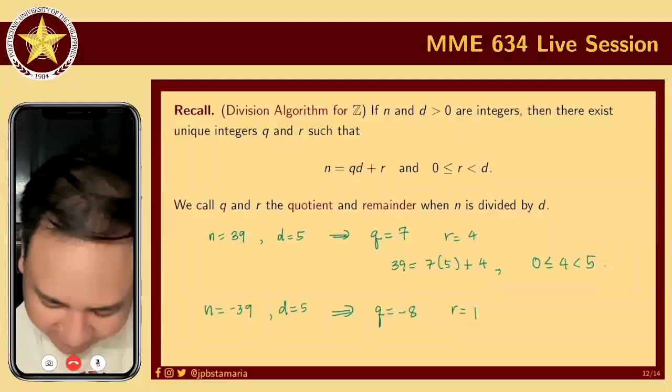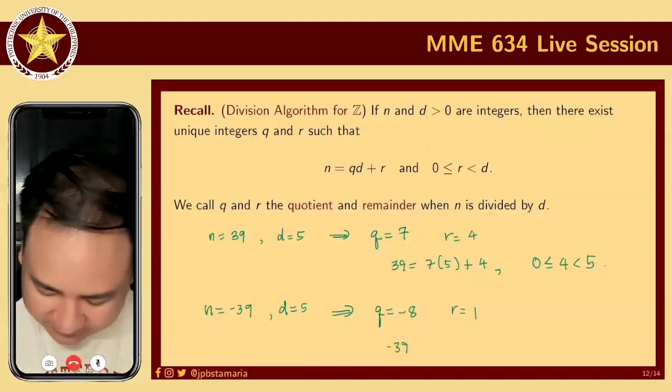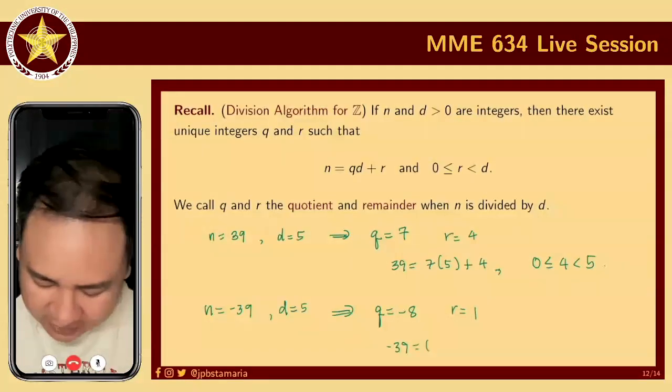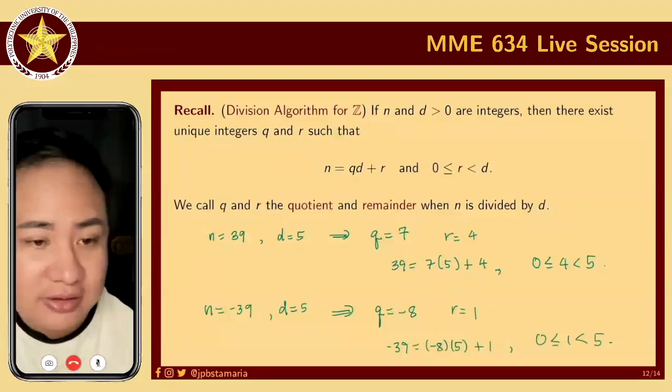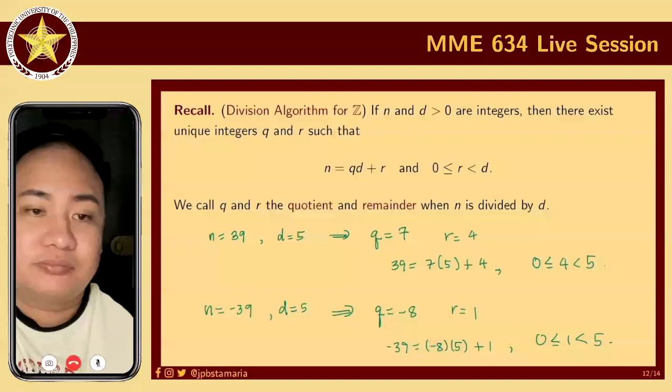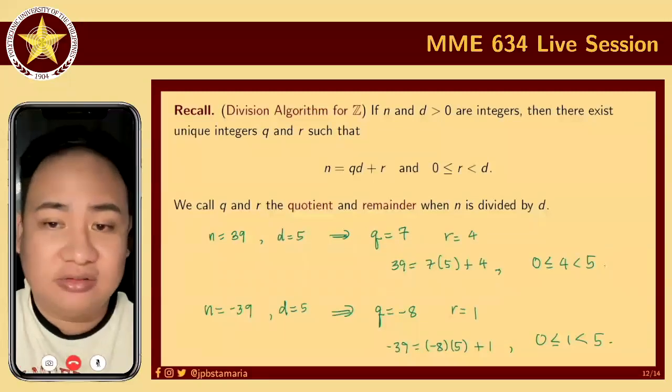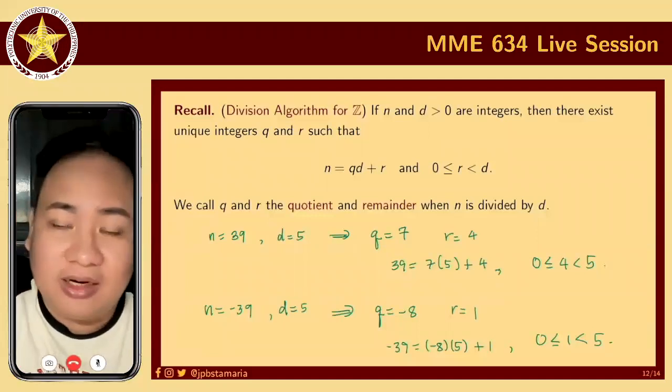Kasi negative 39 ay negative 8 times 5 plus 1. 1 still satisfies that inequality. So, ang quotient, pag dinivide mo yung negative 39 sa 5, hindi na negative 7, it's negative 8, para ang remainder ay 1.